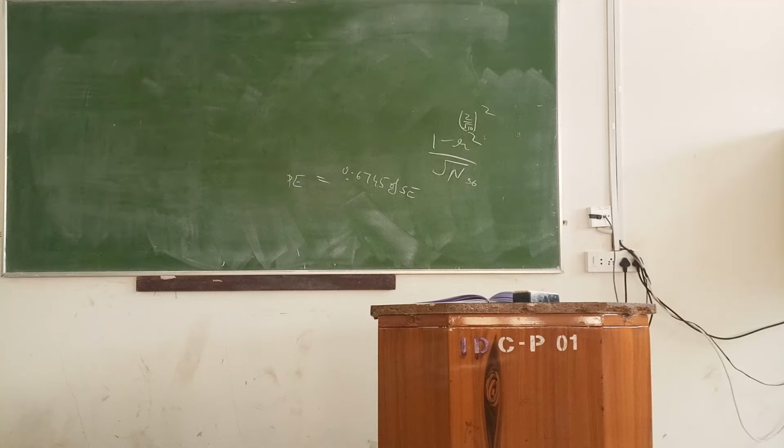What is probable error? It is equal to 0.6745 into the standard error, which is 0.6745 into 0.1 equal to 0.06745. This is your answer. How much did you get?